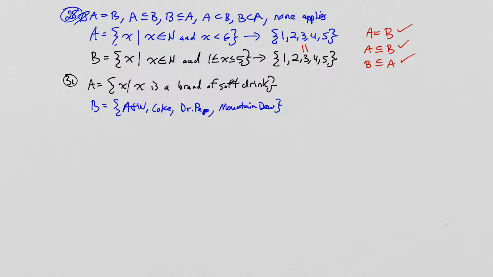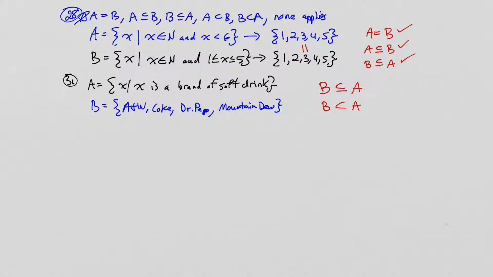But that is a small list compared to the total list of soft drinks, which is huge. Okay, it includes Pepsi and all kinds of other soft drinks. So that is much larger. Therefore, B is going to be a subset of A. It's less than or equal to A, and since it's smaller, we can also say it's a subset without the equal sign.